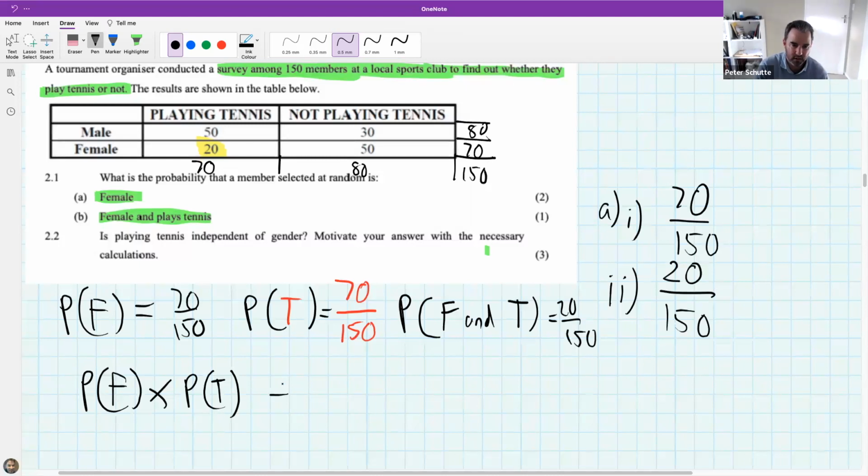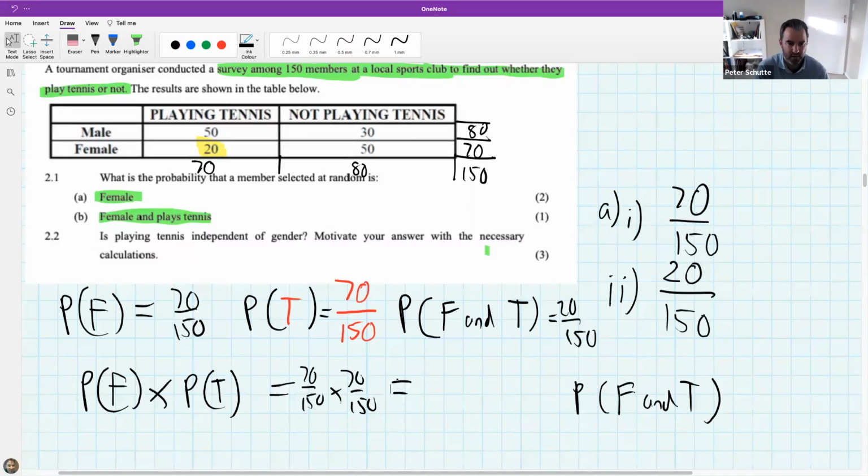We'll put it in decimals. So if we go this times this, what do we get as a decimal? Okay, 0.22.